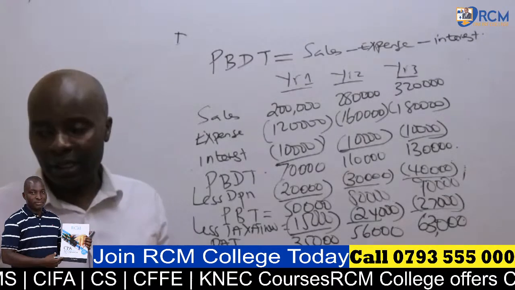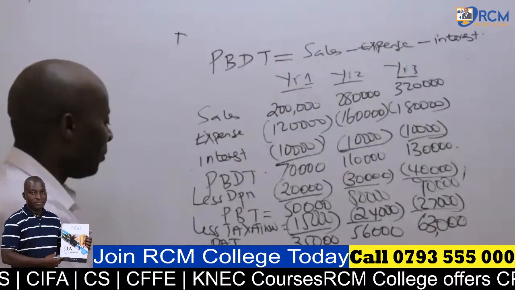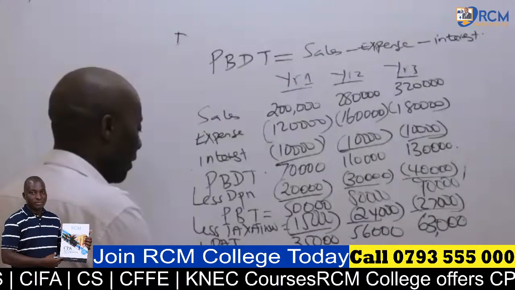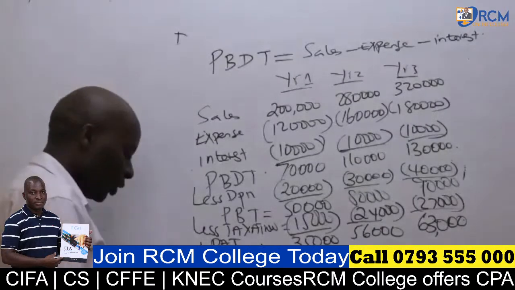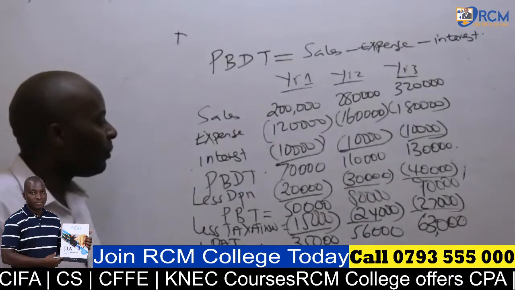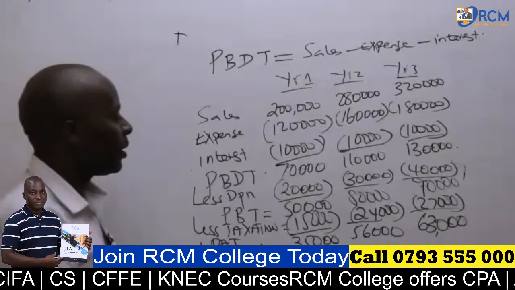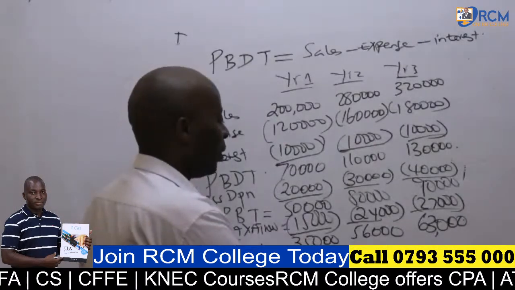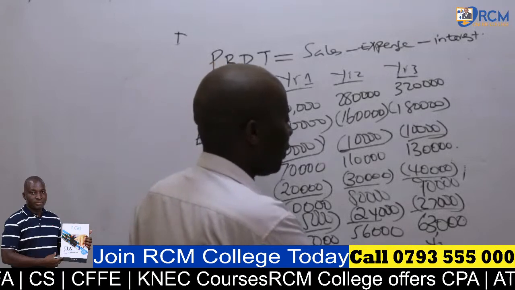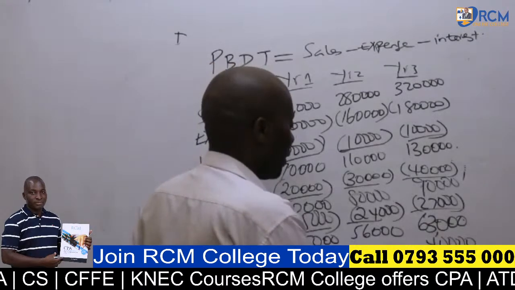The same case with Samuel, add back depreciation. So our depreciation amounts, remember, they are here. We have 20,000, 30,000, 40,000.